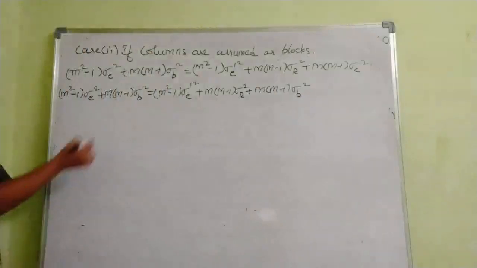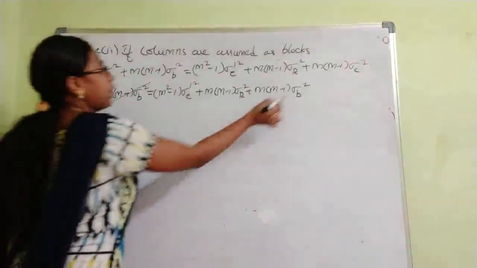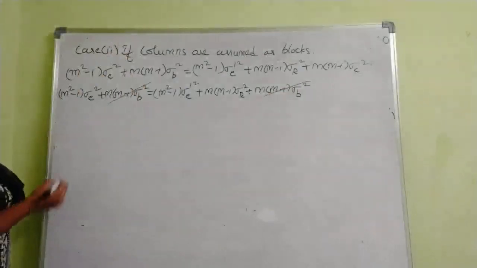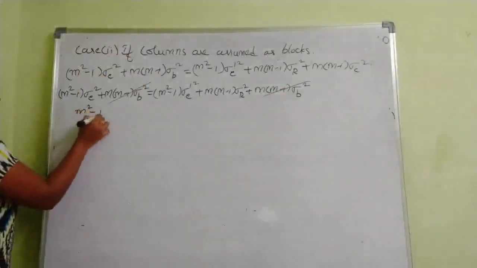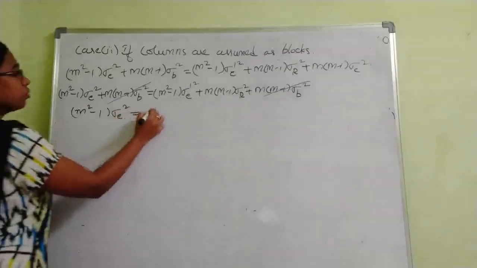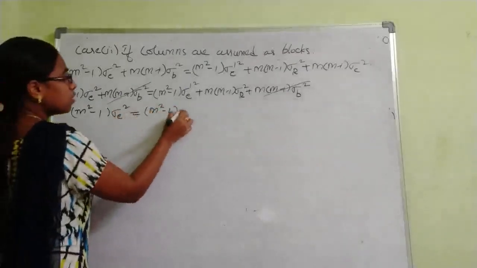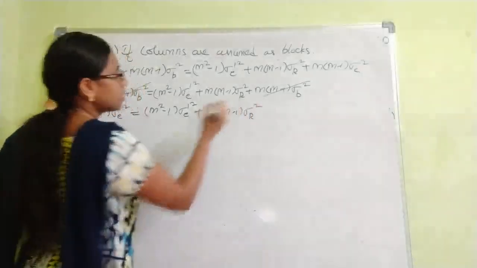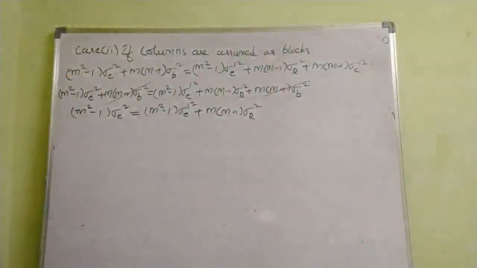Now m into m minus 1 sigma b square on both sides gets cancelled. So the left out terms are m square minus 1 sigma e square equals m square minus 1 sigma e dash square plus m into m minus 1 sigma r square. Here you have to find the unbiased efficiency.